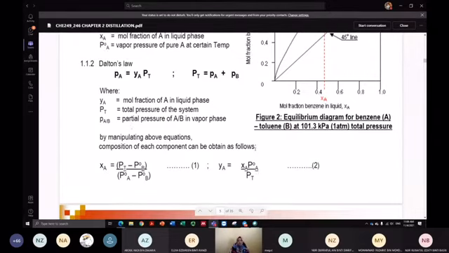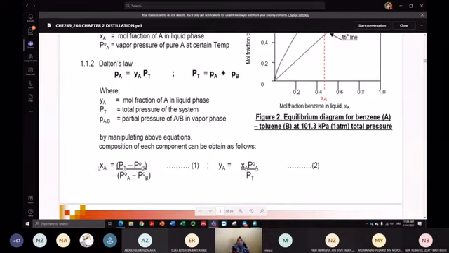Remember that for these equations, you have to deal with the vapor pressure of pure A or pure B at a certain temperature, at the same temperature.